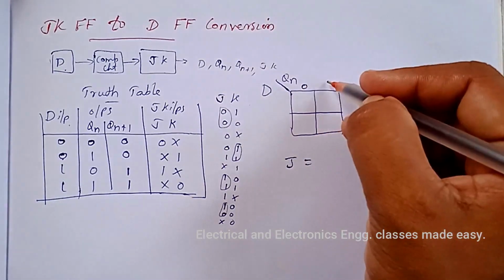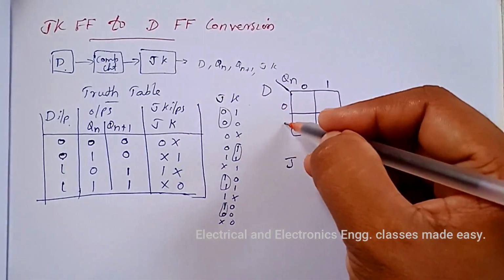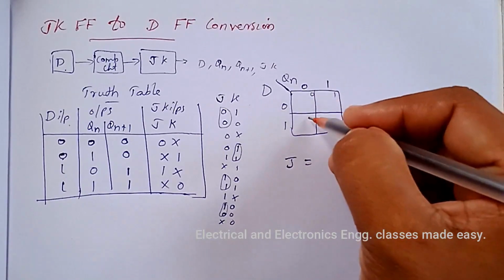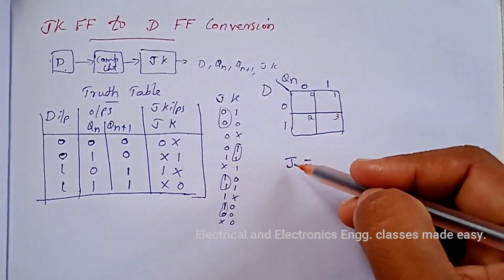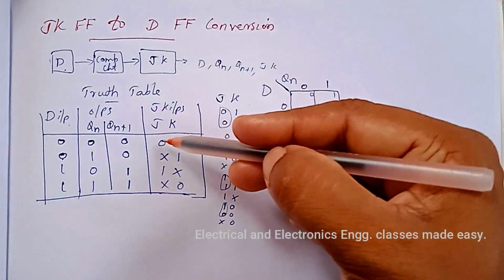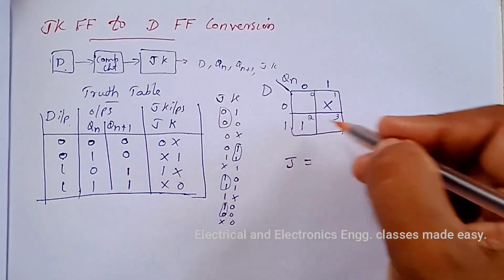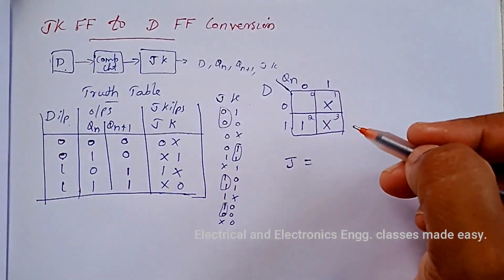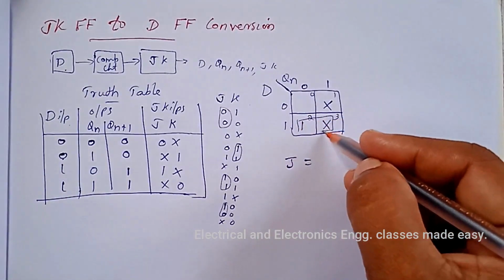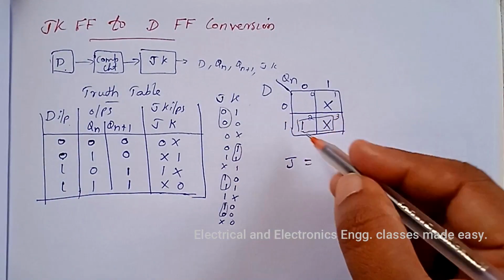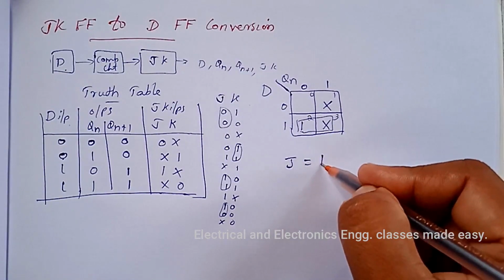Here cells 0 1 0 1, numbered 0 1 2 3. For J: 0, then don't care, 1, don't care. So these two small squares we can combine, and that value is D.